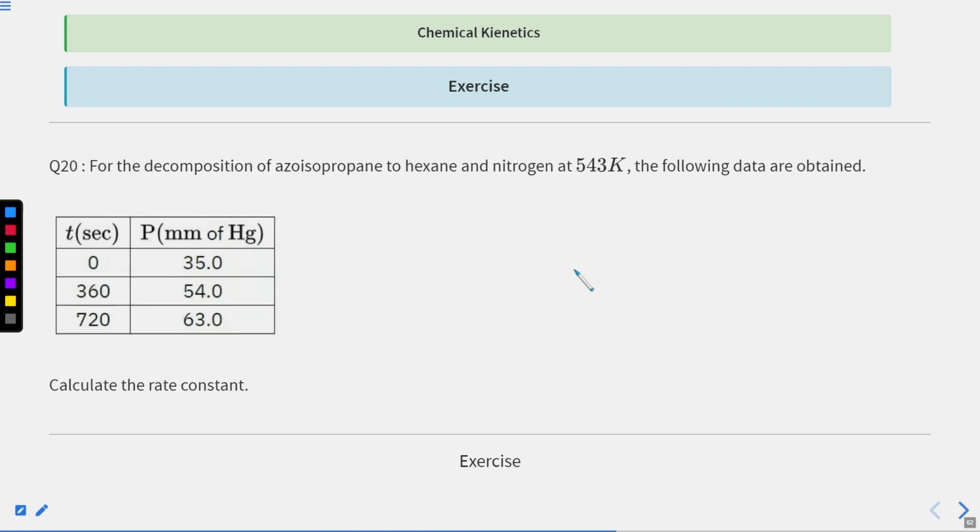Last question. For the decomposition of azoisopropane to hexane and nitrogen at 543 Kelvin, the following data are obtained. Now we have to calculate the rate constant.